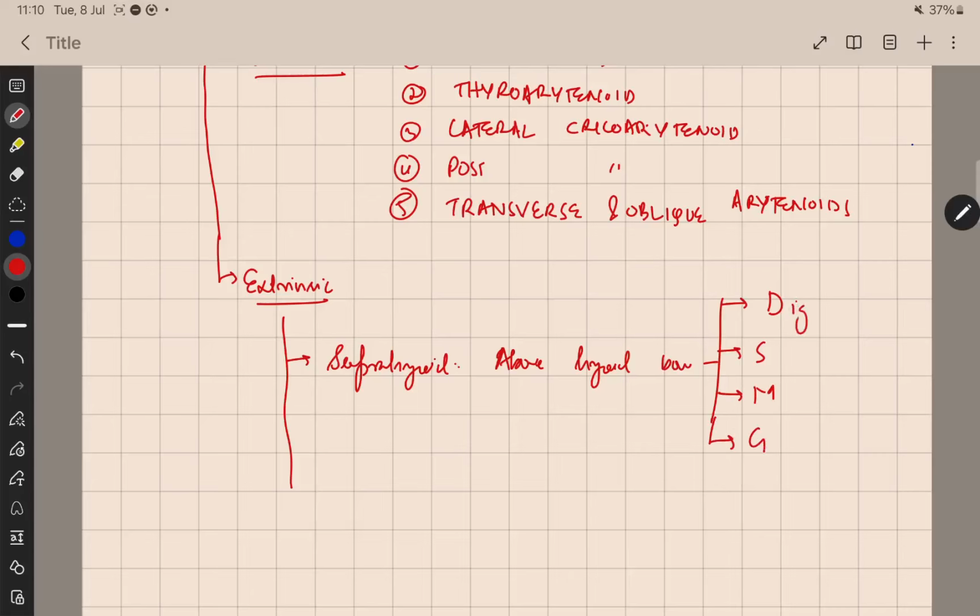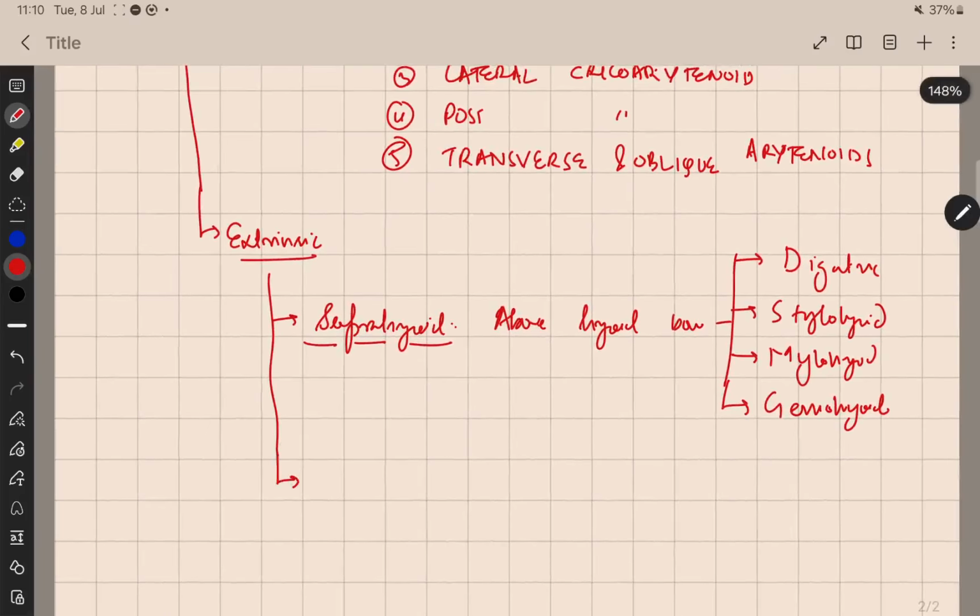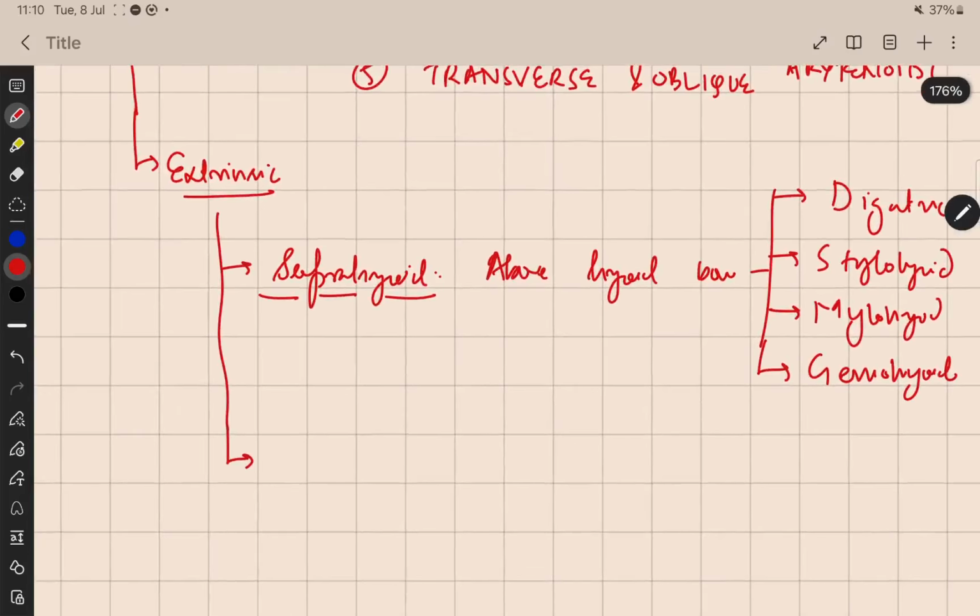D is digastric, S is stylohyoid, M is mylohyoid, and G is geniohyoid. There is nothing conceptual in this, you have to mug it up. If you are a surgeon, you don't need to mug it up because you will see it directly in operation theatre. And the other type is infrahyoid muscles. So these are below hyoid bone.